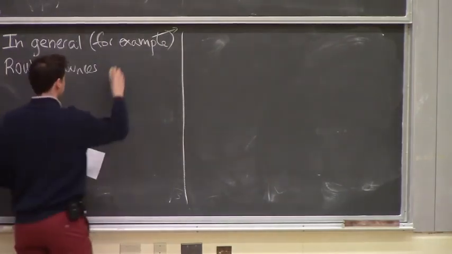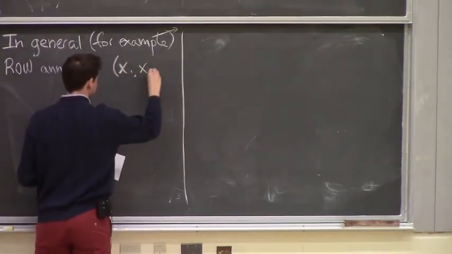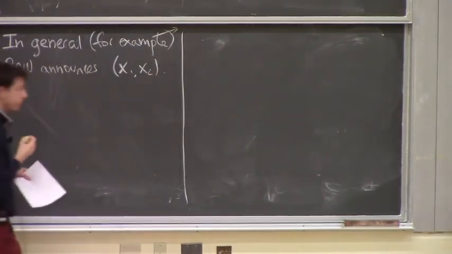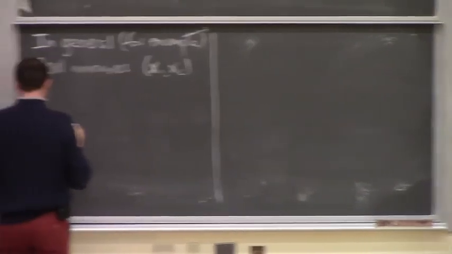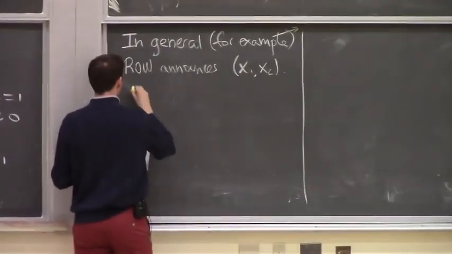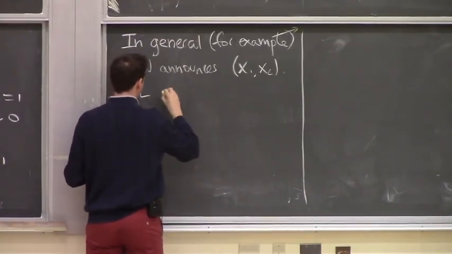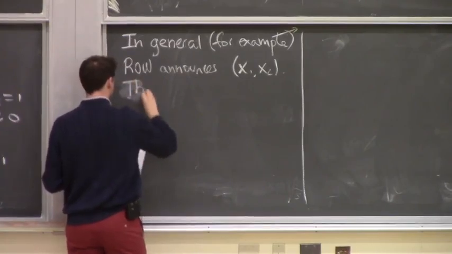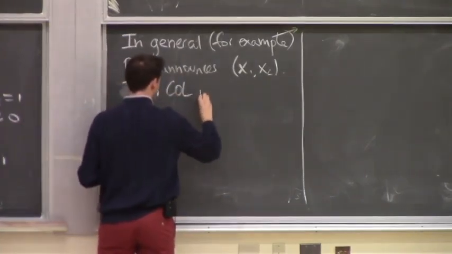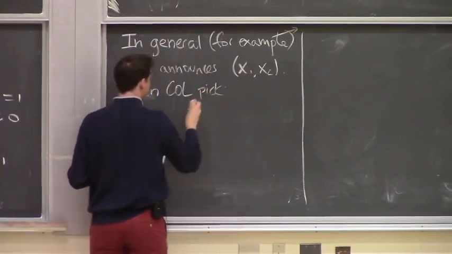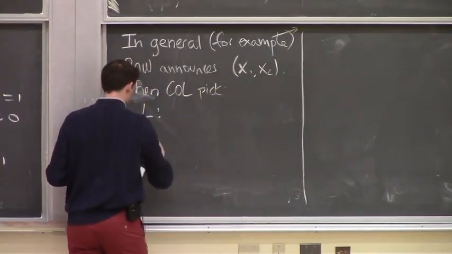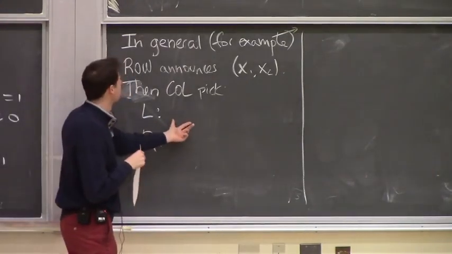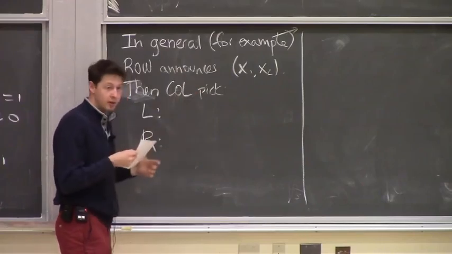So let's give it the name x1, x2. Right? We want to figure out what x1 and x2 are. Now, column has two options, so we can say column picks either left or right. Let's figure out what the expected utility in the left case is in terms of x1, x2. What should it be?